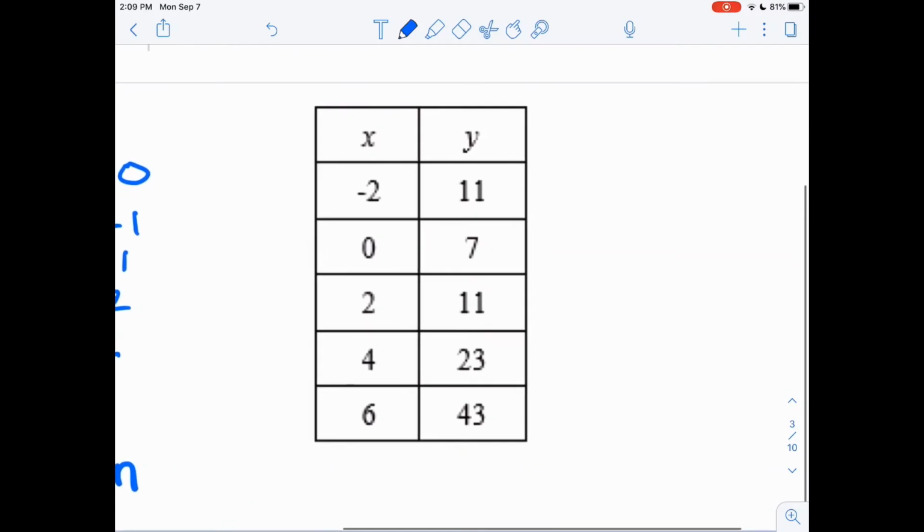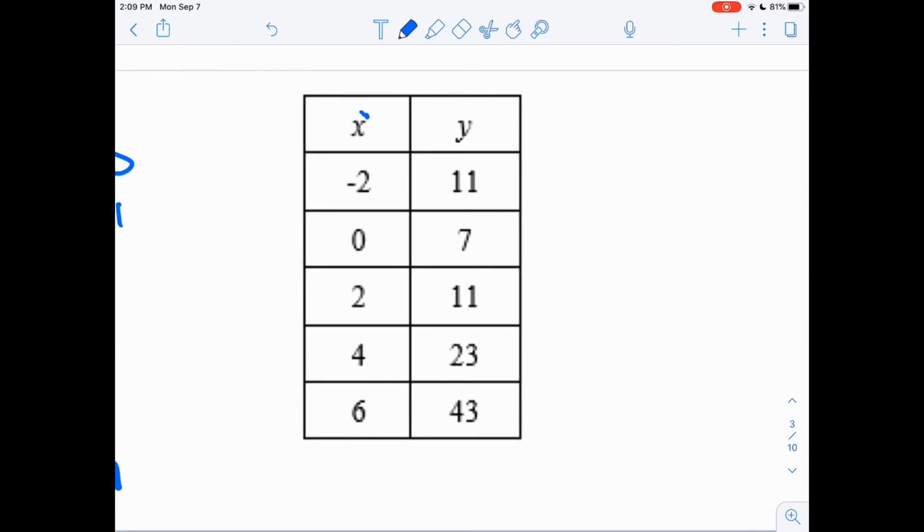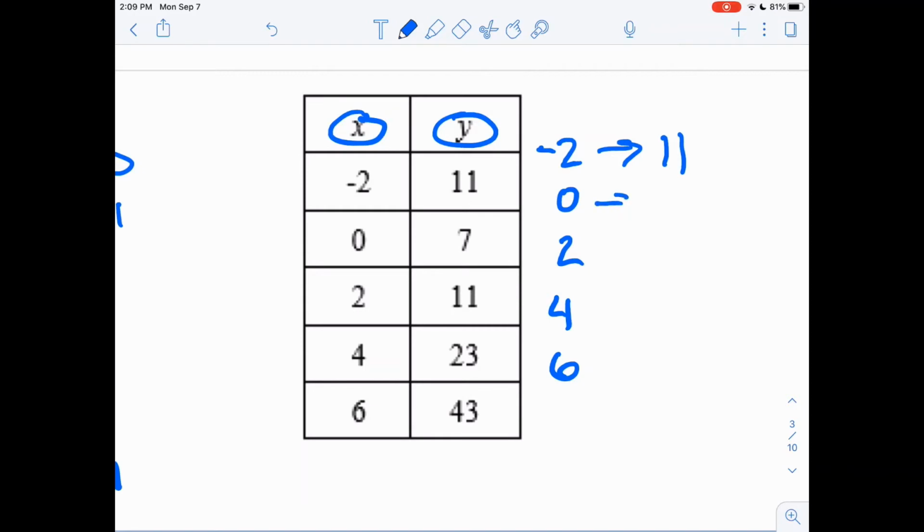Let's look at this table over here. I'm going to map each input to its output. So my inputs are negative 2, 0, 2, 4, and 6. I'm going to map each one to its output. So -2 maps to 11, 0 maps to 7, +2 maps to 11.